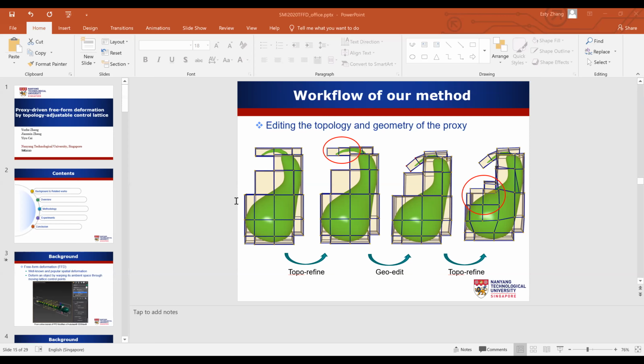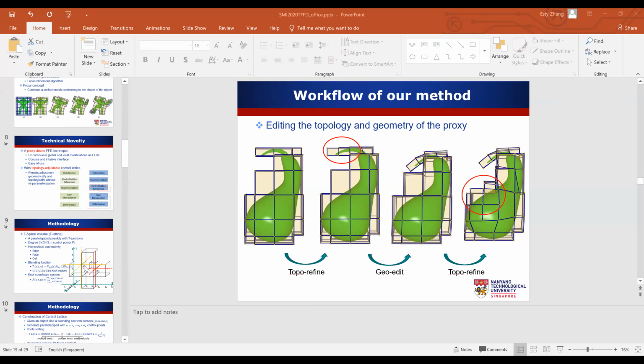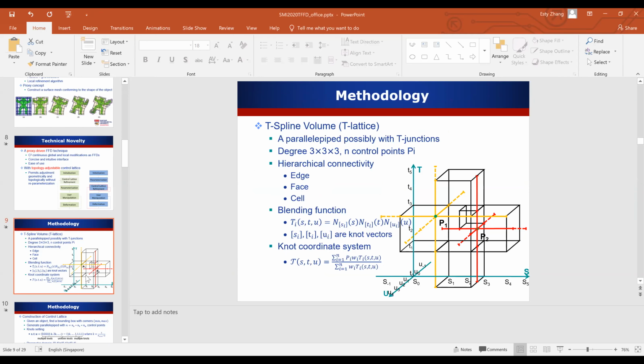I got the impression that the parameter domain is a grid, a very simple grid anyway. So I don't really see the point of T-splines, but probably I missed something. Oh yeah, for the details of the T-spline structure, you can refer to my paper.